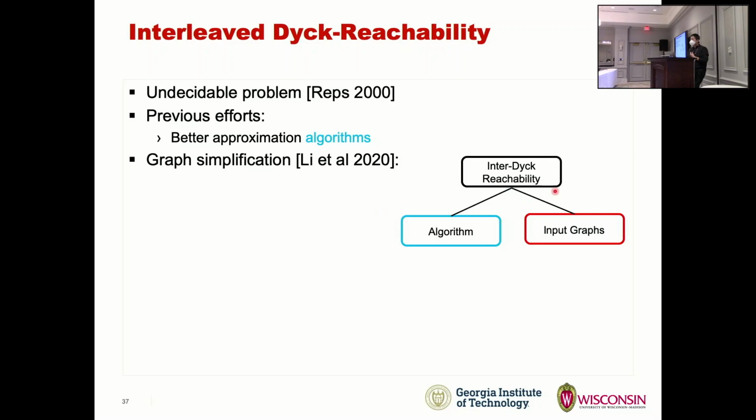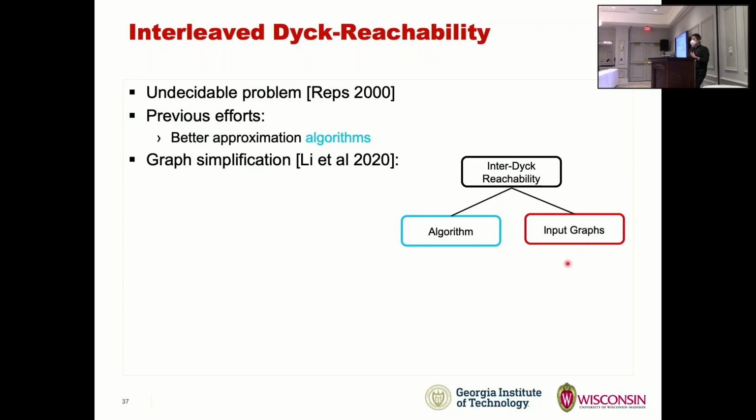So the rationale is that basically there are two parts for Dyck-reachability. The first part is how powerful your algorithm can be. In the previous two topics, we went through a few over-approximation algorithms for solving the Dyck-reachability problem, but what we left out is the input graph.